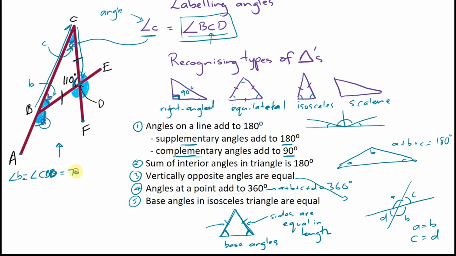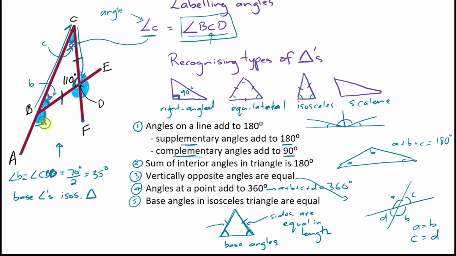So 70 divided by 2, which is 35 degrees. The reason you'd use there is base angles. So you can use this symbol, the slanted L looking symbol, for angles. Base angles, isosceles triangle.